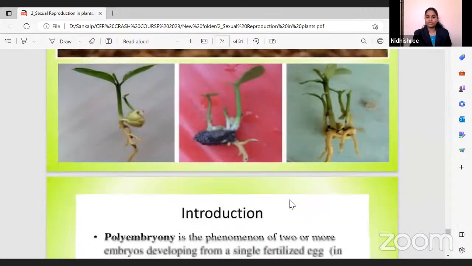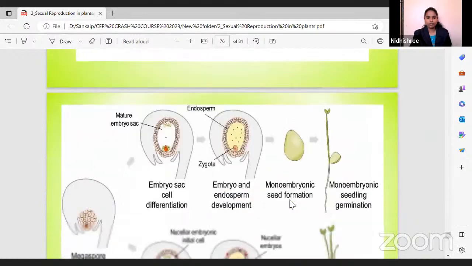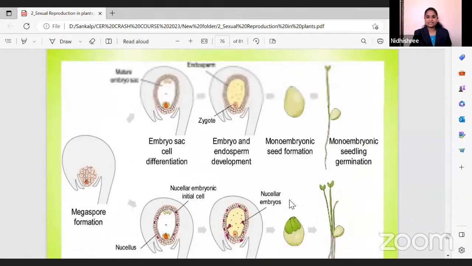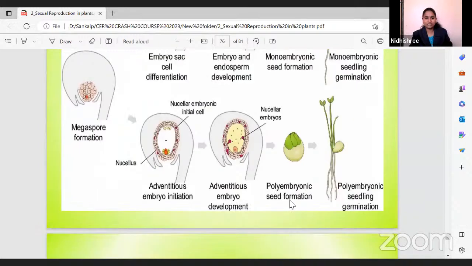Next, polyembryony, meaning many embryos. It was coined by Brown. So these are the stages: monoembryonic, seedling. In polyembryonic, the megaspore forms, and then on the nucellus a nucellar embryonic initial cell. Then adventitious embryo initiation: one cell in the nucellus takes initiation and will divide.